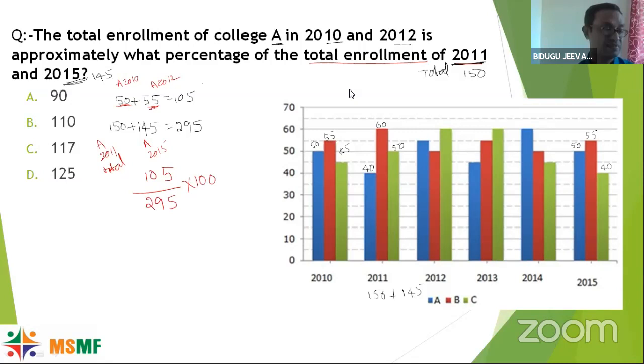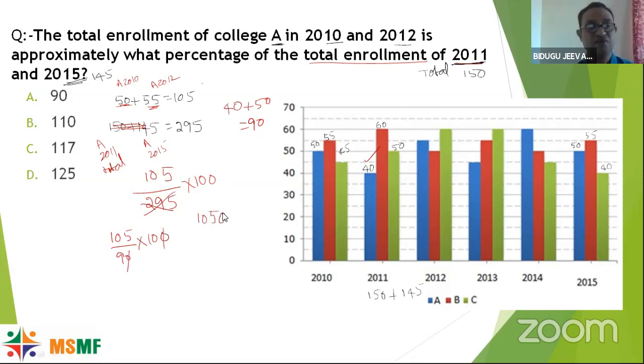A is how much? 40. A is 40. And 2015, A is 50. So, which is equal to 90. So, I'll write 105 divided by 90 into 100. What is the simplified value? 9 ones are 9, 15. 9 ones are 9, 60. 9 sevens are approximately 63. So approximately, the value is 117.